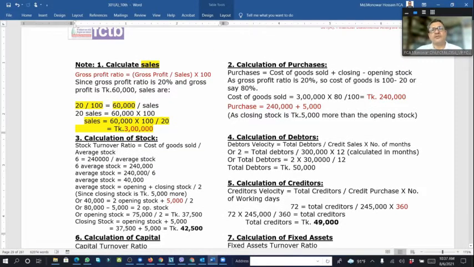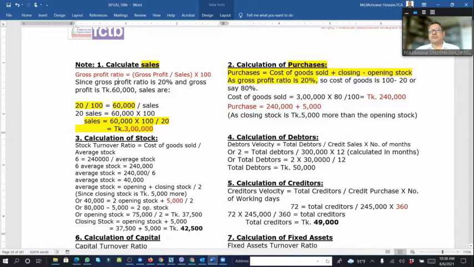And now calculate the purchase. How much inventory or goods did we purchase? Purchase comes as cost of goods sold plus closing inventory minus opening inventory. This way we will be able to find out the purchase. As also calculated in note 1, gross profit is 20%.